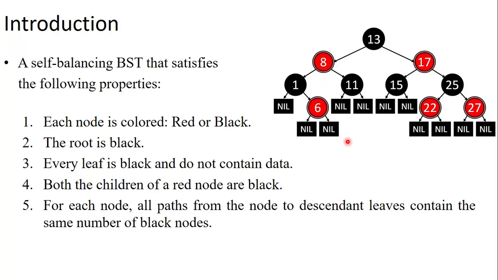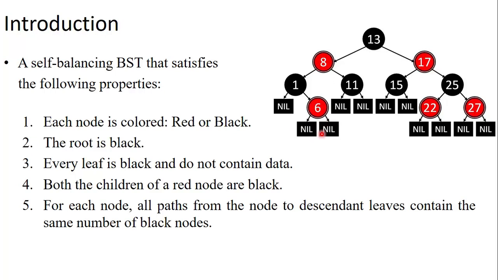Now let's look into the fifth property, that is the last one, which says for each node, all the paths from the node to the descendant leaves contain the same number of black nodes. Remember, it says for each node. So every node of the RB tree is bound to follow this property. Say if we take the example of 6, on the left hand side it is having one black node.